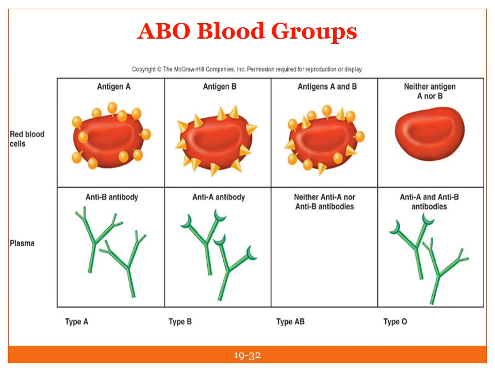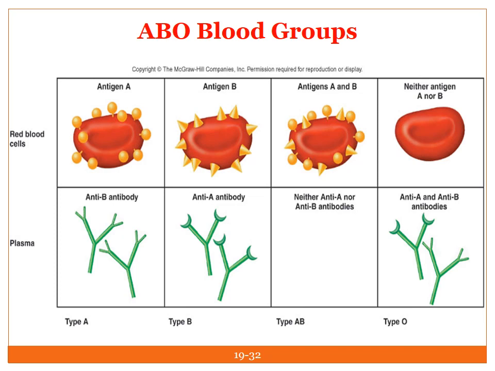We're going to use this chart to illustrate the different blood types and why there may or may not be reactions to different transfusions. So let's look at the bottom of the chart. You'll see type A. We'll start there. If you have type A blood, it means your red blood cells have the type A antigen, or flags, on the surface, and your plasma will have anti-B antibodies.